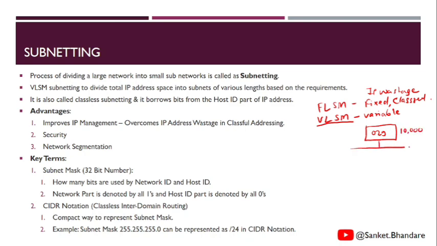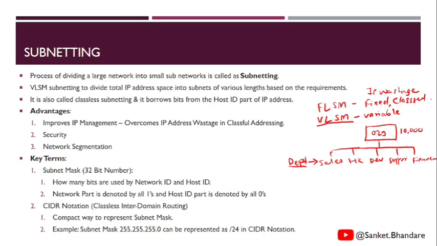Those IPs will be divided among different departments: HR will get a few IPs, development a few IPs, the support team a few IPs, the finance team a few IPs, and the sales department will have its dedicated network with a few IPs. Based on requirements, subnets will be created for each of these departments. This is the major responsibility of subnetting, to create subnetworks out of a larger network based on requirements.